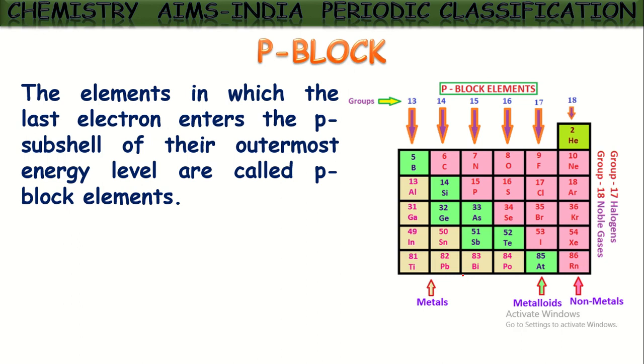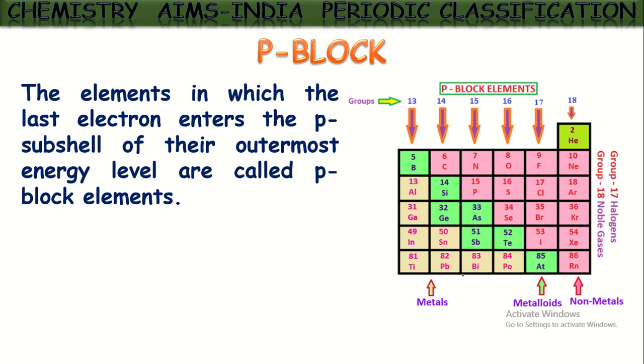The elements for which the differentiating electron enters into P subshell are called P block elements. If you observe, for these all elements, the differentiating electron enters into P subshell. So we have to consider one point here, that is the exception of helium.